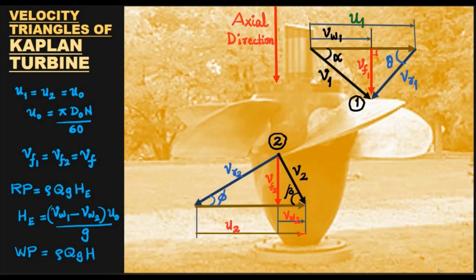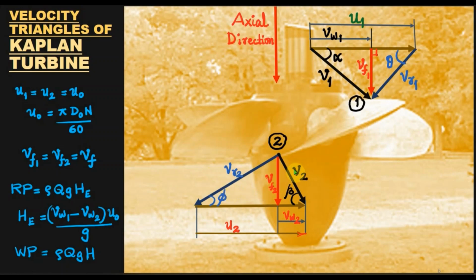The reason is that during the flow through the runner, pressure energy is converted to kinetic energy. The increase in kinetic energy is responsible for the increase in the relative velocity component. But remember, the absolute velocity must decrease because of the energy transfer. So here V2 will be less than V1.